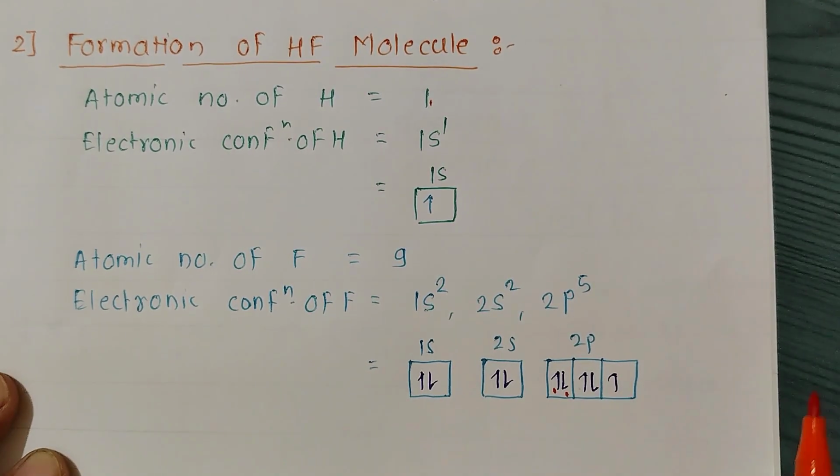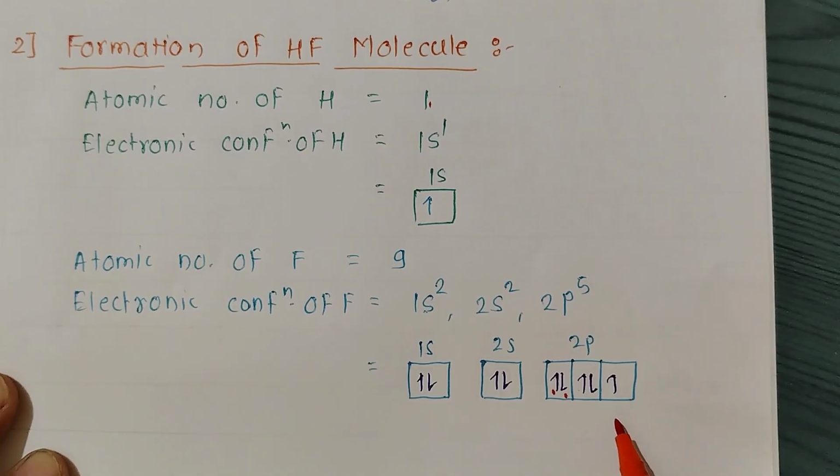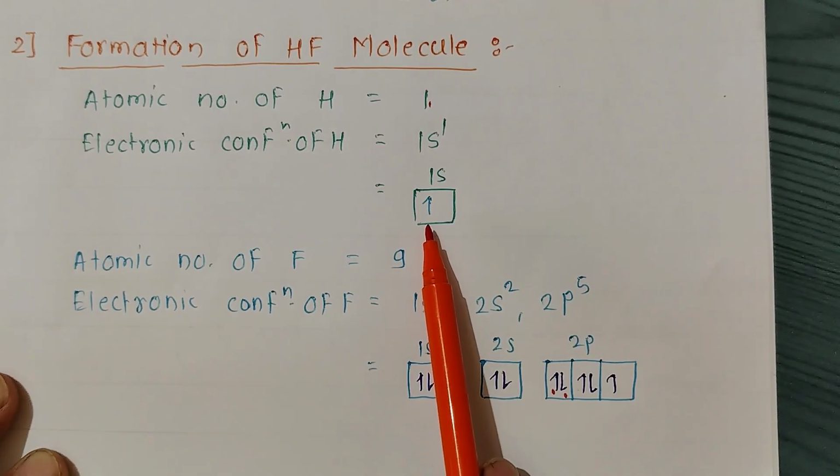So when we look at the fluorine atom, in this outermost 2p suborbital there is only one unpaired electron present. Here one unpaired electron is present in the fluorine atom. Similarly, in the hydrogen atom, one unpaired electron is present in the valence shell.